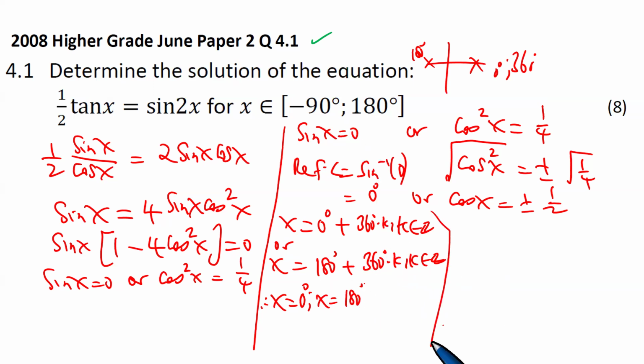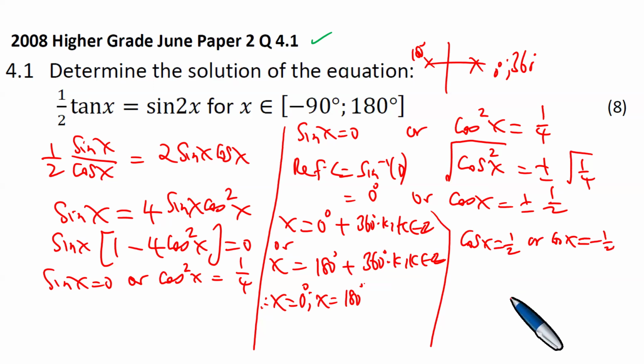And now we're dealing with this part. So this one is going to be 2 instances, and there's going to be a bit more work. You have cosine x equals 1/2, and cosine x equals minus 1/2. Now let's get this one.